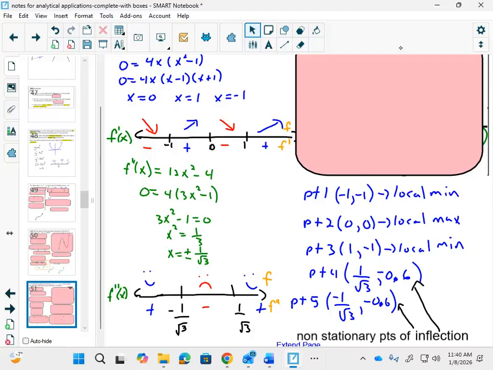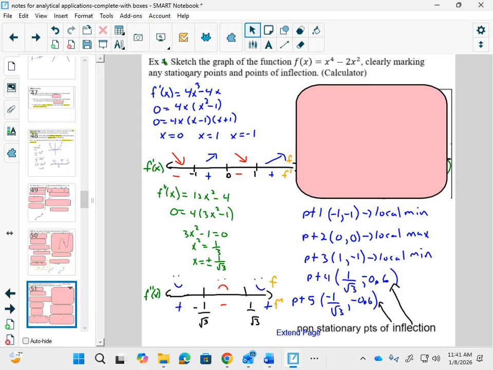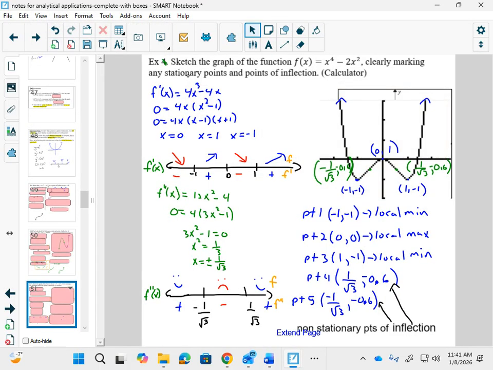They were not stationary points. They're just inflection points. I've labeled my inflection points in green. I labeled my stationary points in blue.